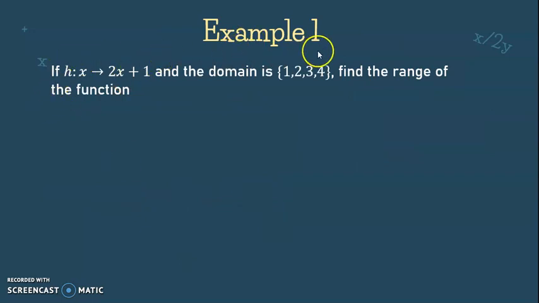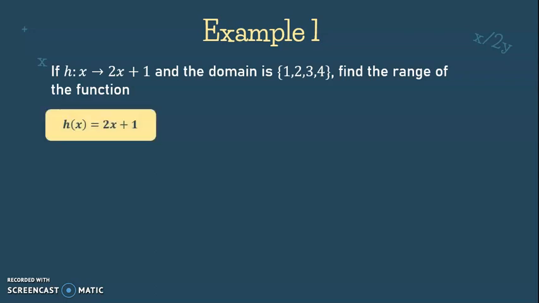Okay, example 1. If h maps x onto 2x plus 1 and the domain is 1, 2, 3, and 4, find the range of the function. So how do you do this example actually? Okay, so first you have to write down the function notation.